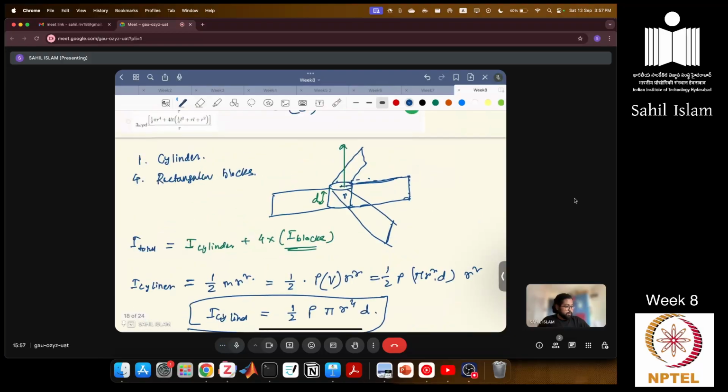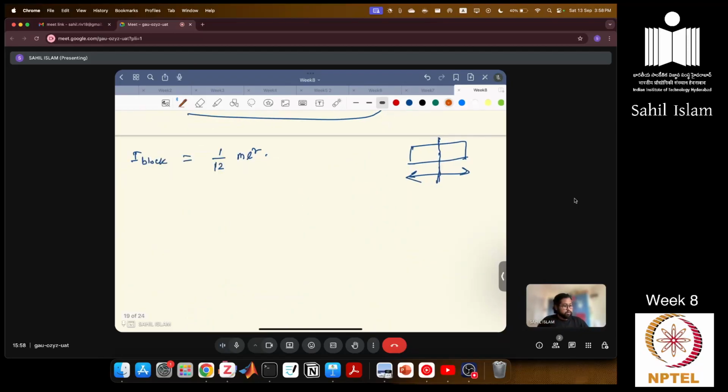But the center of mass is rotating around this axis, so how do we find the moment of inertia around this axis? We apply the parallel axis theorem. We just shift it.